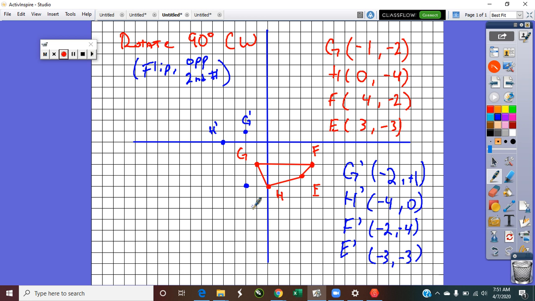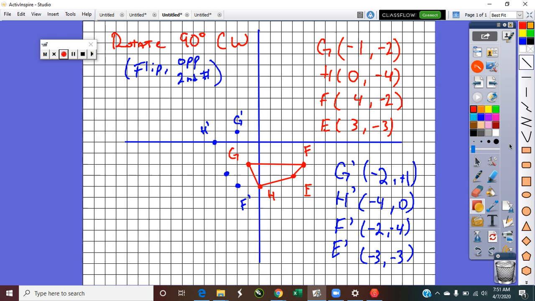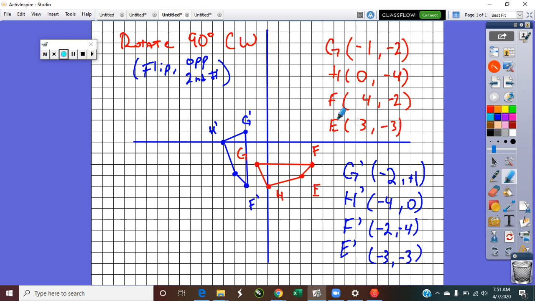This is my new F. Lastly, my new E is going to be back 3, down 3. When I put the lines to this, this is going to be the same figure we just had, but it's rotated 90 degrees. Hopefully everybody can see that. That was pretty easy, as long as you just remember to go by the rule. Go by this rule and you're going to be fine.